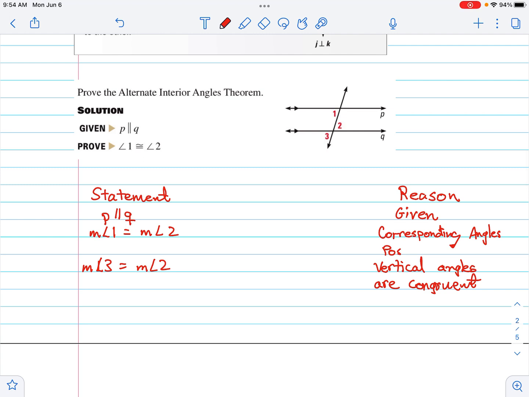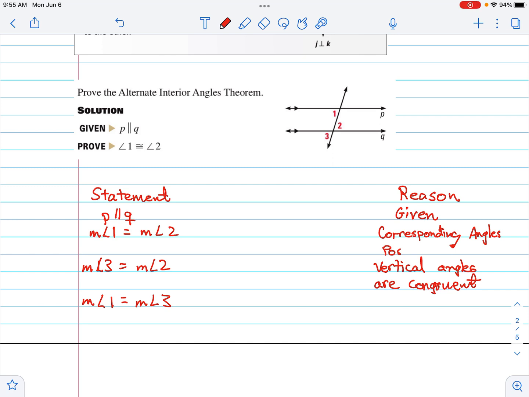Therefore, look, we know the measure of angle 1 is equal to the measure of angle 2. And we know the measure of angle 3 is equal to the measure of angle 2. Therefore, the measure of angle 1 is equal to the measure of angle 3. We call that the transitive property of congruence.